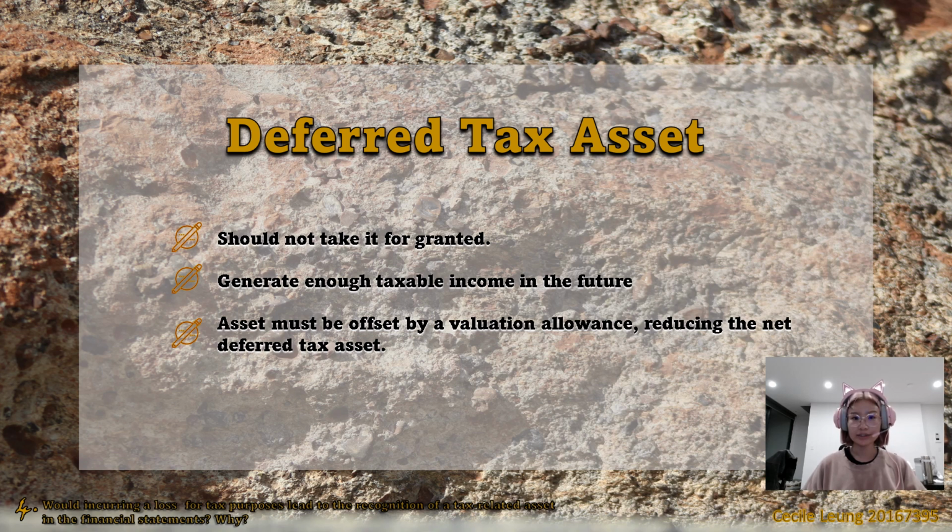However, the recognition of a deferred tax asset is not a process that should be taken for granted. A company needs to make sure it will generate enough taxable income in the future to use these assets by evaluating the balance sheets. If the future profitability seems questionable, the assets must be offset by a valuation allowance, effectively reducing the net deferred tax assets to the amount that is expected to be realized.